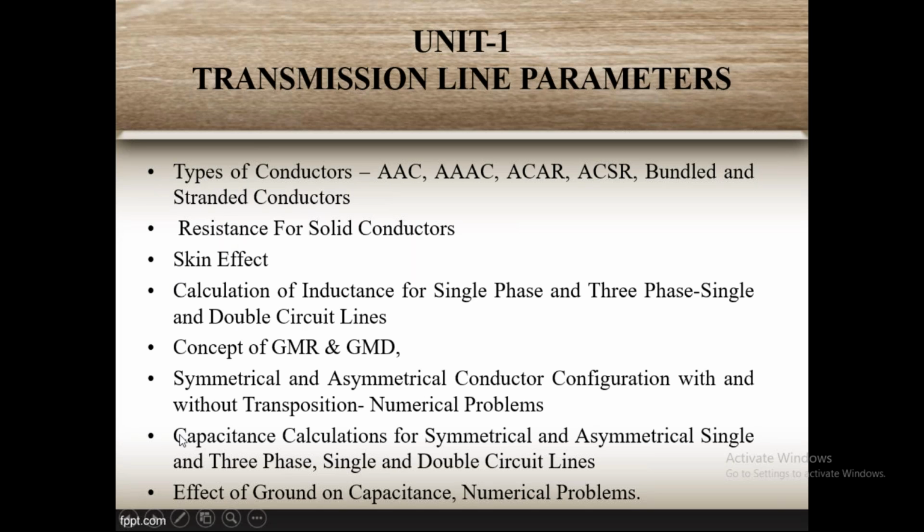The first one is types of conductors. See, these are the different types of conductors we use in transmission lines. Here, AAC is all aluminum conductor, and AAAC is all aluminum alloy conductor.